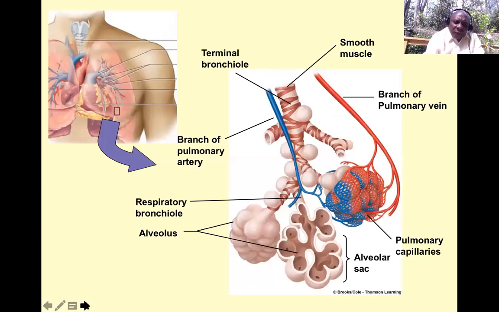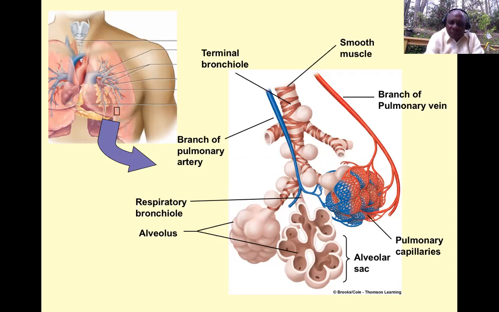Okay, so in the previous slide, we talked more about the gross anatomy, but here now we go into the last branching, the terminal branching of the windpipe. So we've already talked about the alveola, and they look like grapes.